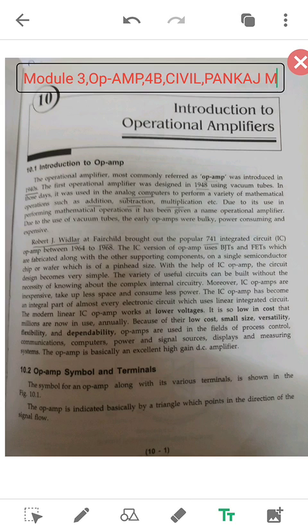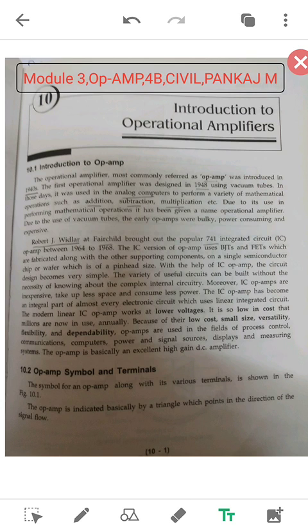So in an integrated circuit, a very small size, by use of the transistors, the first semiconductor based operational amplifier was designed, and it is called 741. The advantages are the design is very simple, it is inexpensive, takes less space, and it consumes less power.